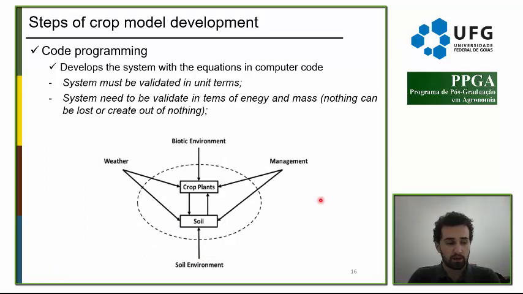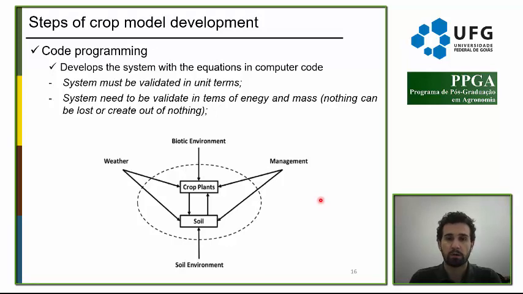At this point, in the code program, it's important to validate the unit terms. If I have solar radiation, for example, I have megajoules per square meter per day. And if I have the radiation use efficiency, I need to make sure that when I use solar radiation and radiation use efficiency, I have consistent units to make the calculation from this input and this parameter to get the correct output.